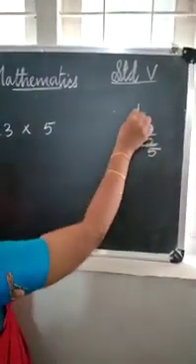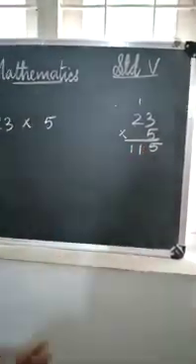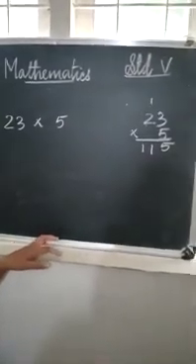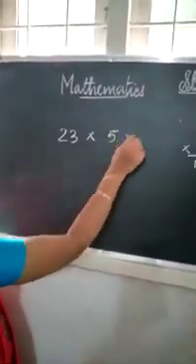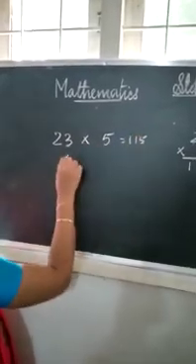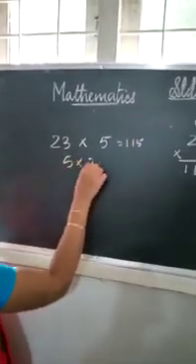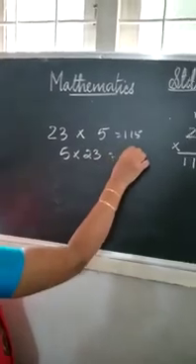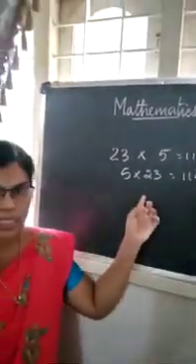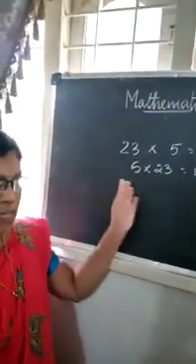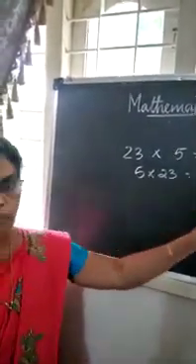Then 5 2s are 10 plus 1, 11. So 115 is the answer. Similarly, 5 into 23 will also be 115. That is what the first property says, that even if we change the order, the product remains the same.